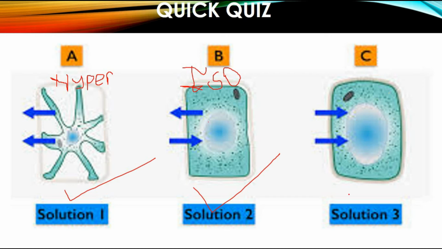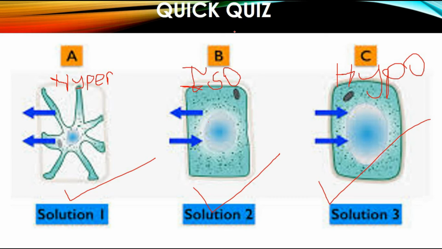So what do we call the cell content? Hypotonic. Very good. Wonderful. Turgid, students. It becomes hypo or turgid.